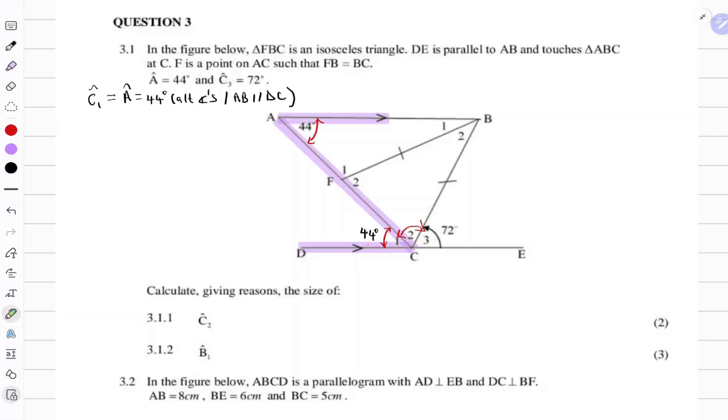Now we can use the property of adjacent angles on a straight line adding up to 180. So we can say angle C1 plus angle C2 plus angle C3 is equal to 180 degrees, and the reason is angles on a straight line.